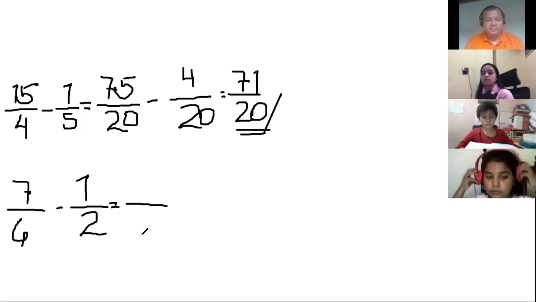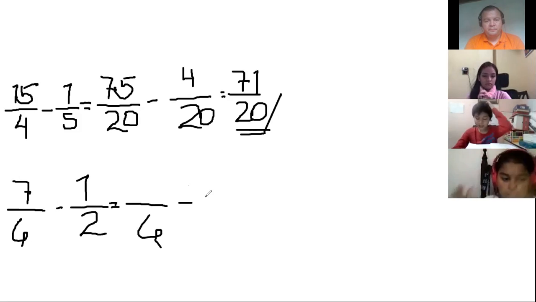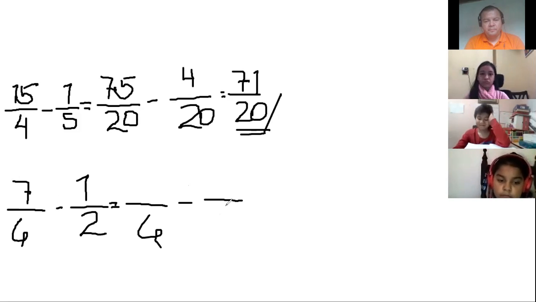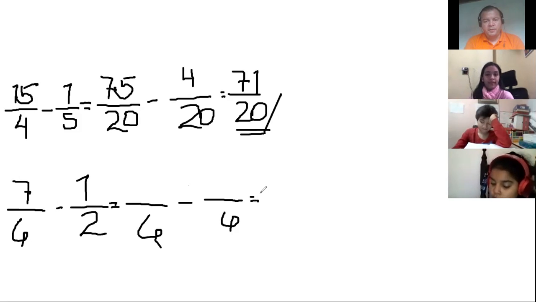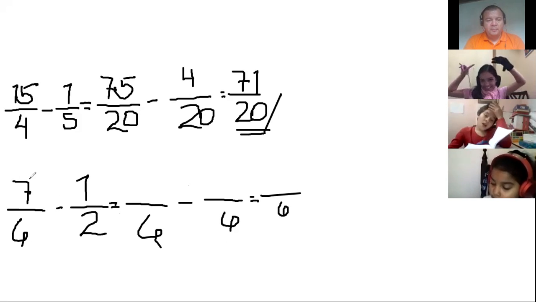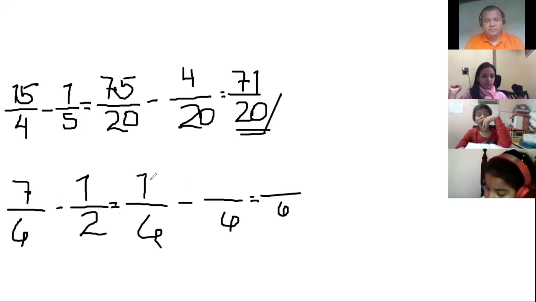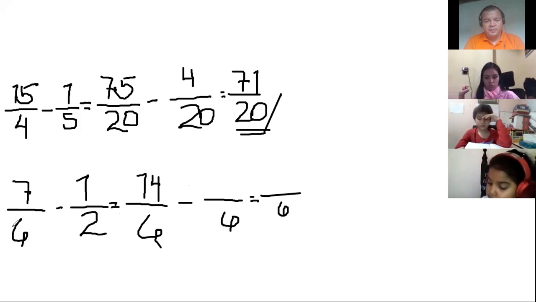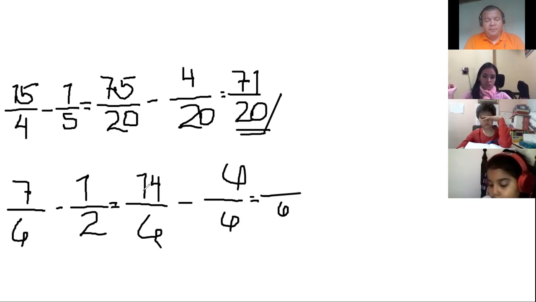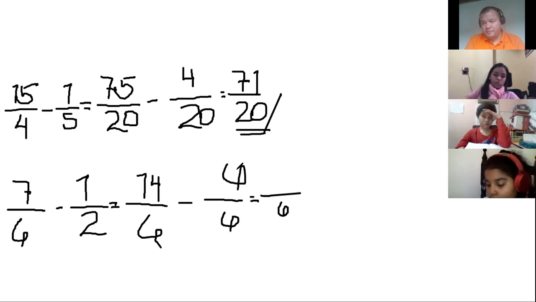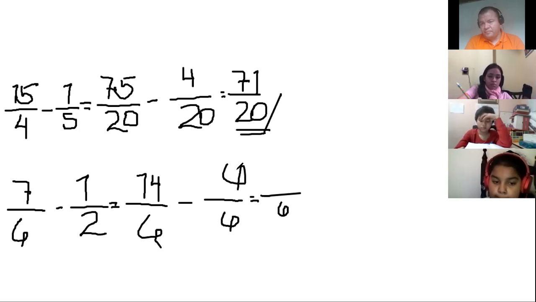It's 6. Obviously, my answer will be over 6. So 7 times 2, 14. 6 times 1, 6. 14 minus 6, 8.